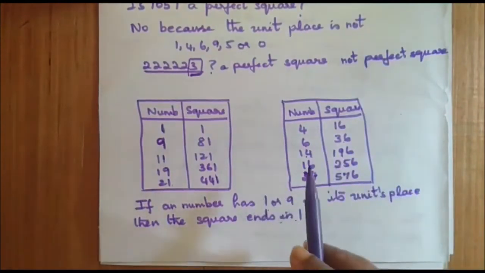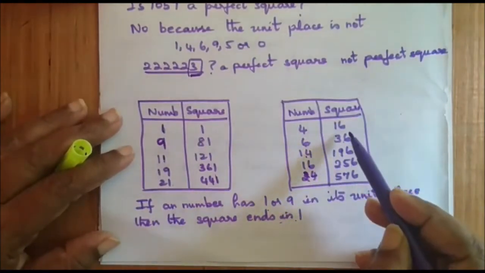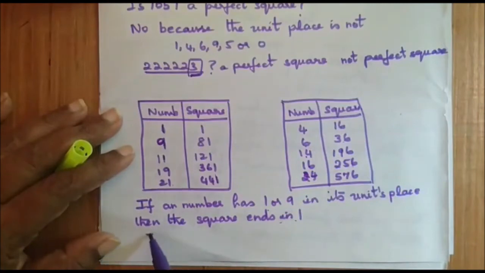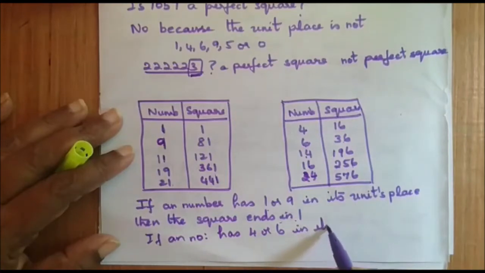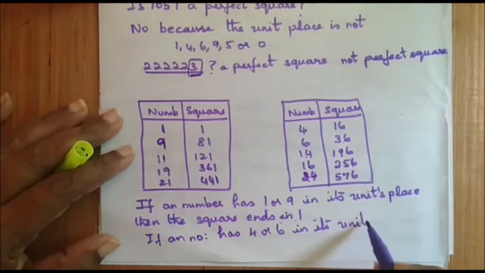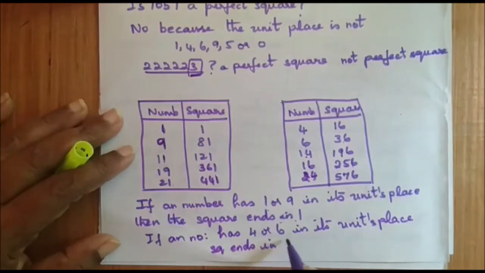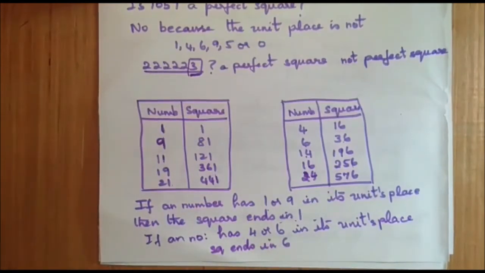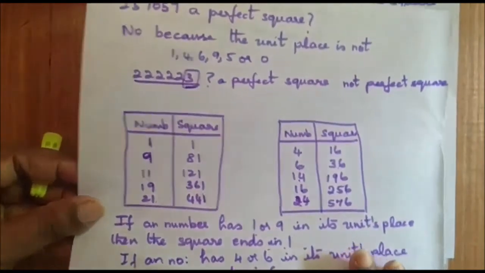If a number has 4 or 6 in its units place, then the square ends in 6. I hope you understand. So these are some of the properties or patterns that we can see in the square numbers.